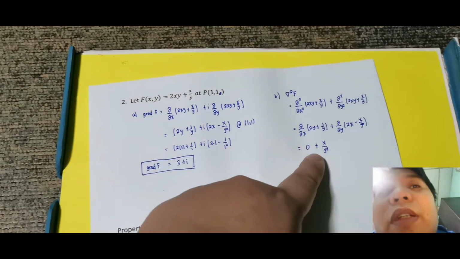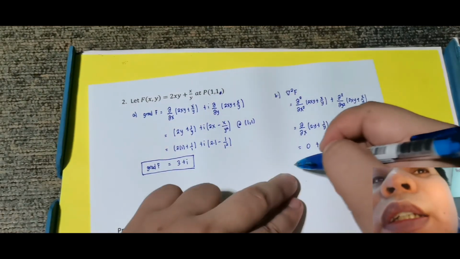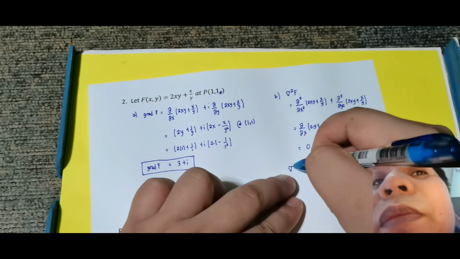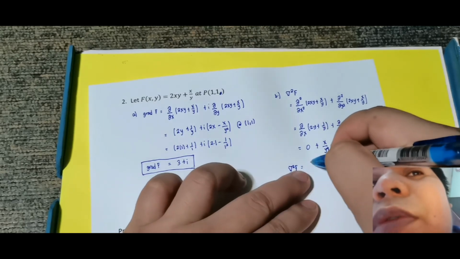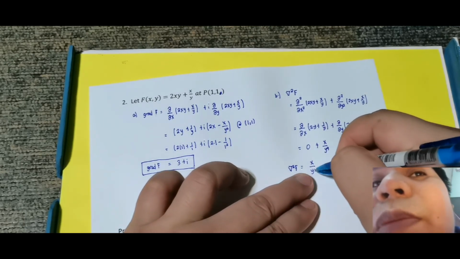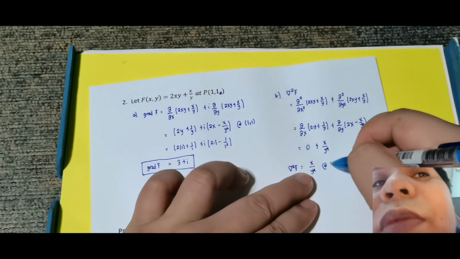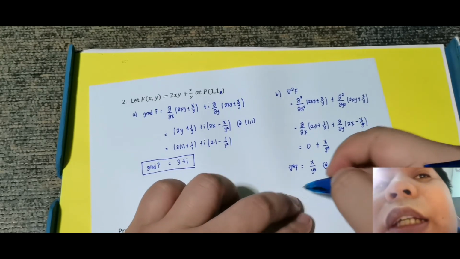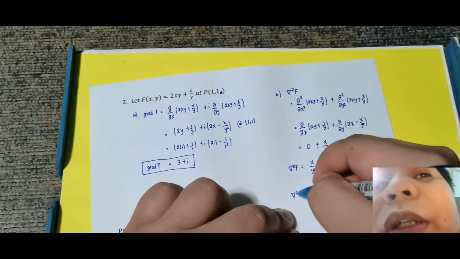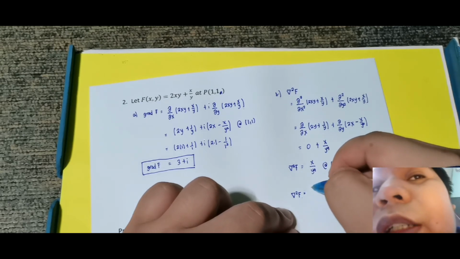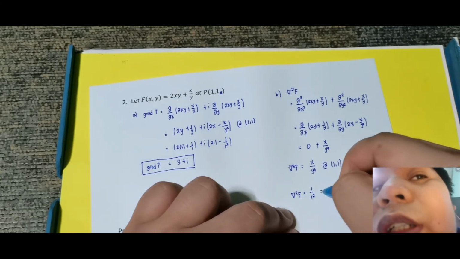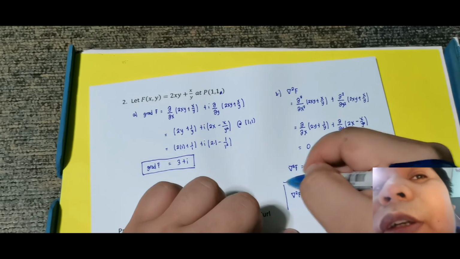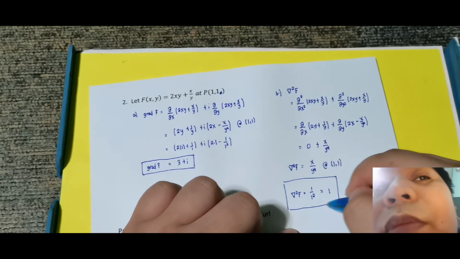Okay? So therefore, ang ating Laplacian of f is equal to x over y to the fourth. So syempre at (1, 1), palitan natin. So ang ating Laplacian of f is simply equivalent sa 1 over 1 to the fourth, which is equivalent sa 1. Okay, so therefore ito yung kanyang value.